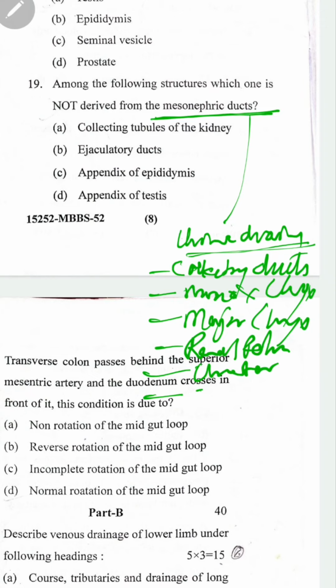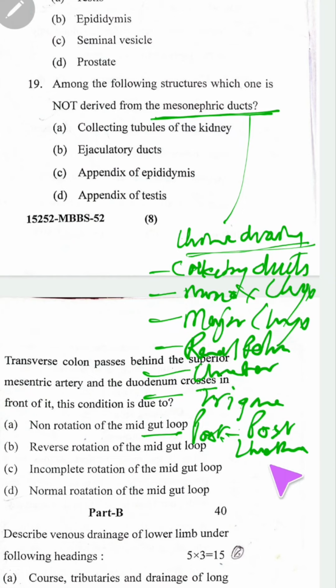Then the trigone of the bladder, and then the posterior portion of the prostatic urethra above the opening of the two ejaculatory ducts, right? And of course, there are glands coming out from this portion reaching into the prostate. So the mesodermal portion of the prostate is also derived from the mesonephric duct.